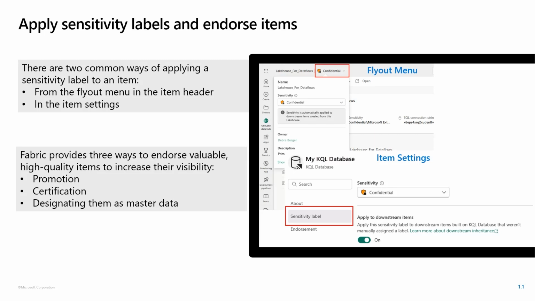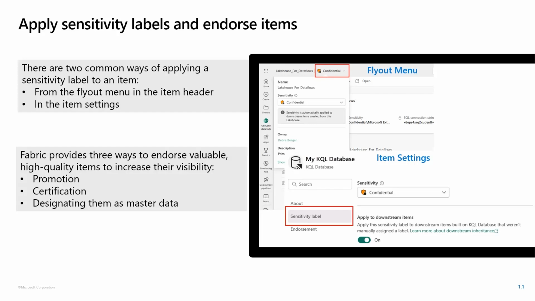Endorsement is a feature that makes it easier for users to organize and find high-quality, trustworthy content. And endorsed items are clearly labeled with a badge, if you recall. Fabric provides 3 ways to endorse valuable, high-quality items and to increase their visibility through promotion, certification, and designating the item as master data.